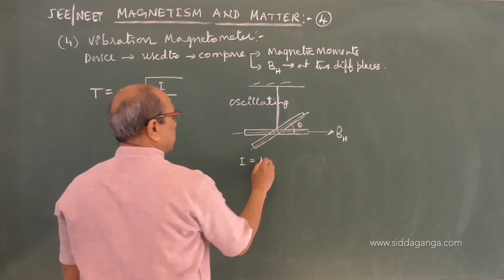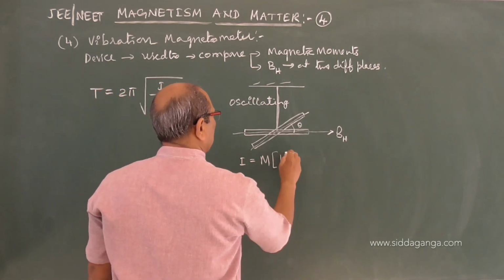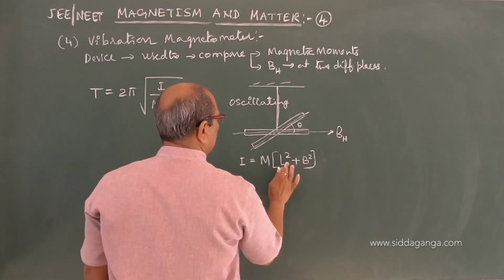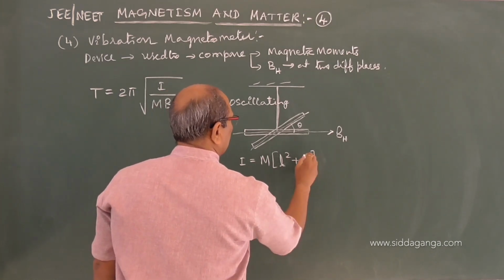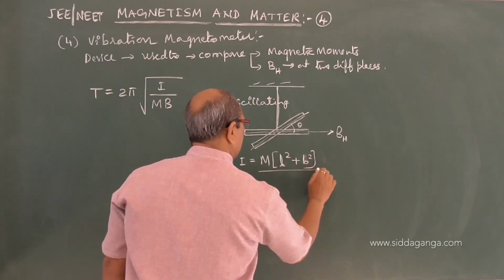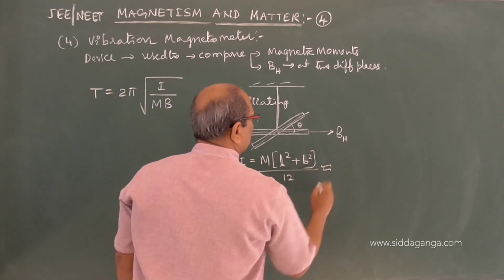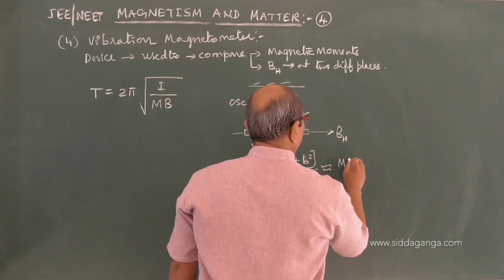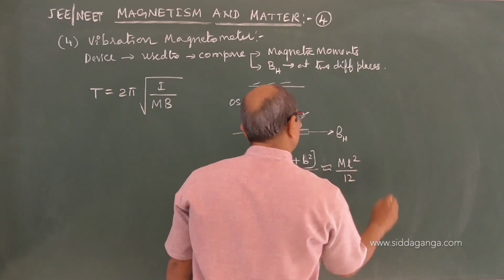refers to the moment of inertia. As you know, it is length into breadth square divided by 12. I use small letters, otherwise it adds confusion. But in most cases length is very large, then we take it as ml square by 12.